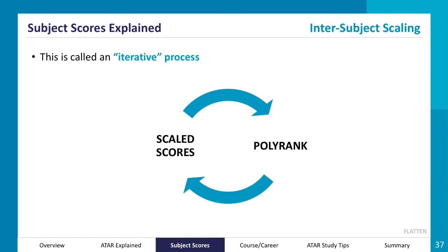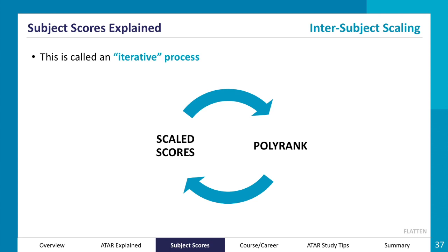What you might realize here is it's what's called an iterative process. So once we have a new round of Polyranks, we can recalculate the scaled scores. But once we have new scaled scores, we can recalculate the Polyrank. Which means we can update the scaled scores, which means we can update the Polyrank, and so on.